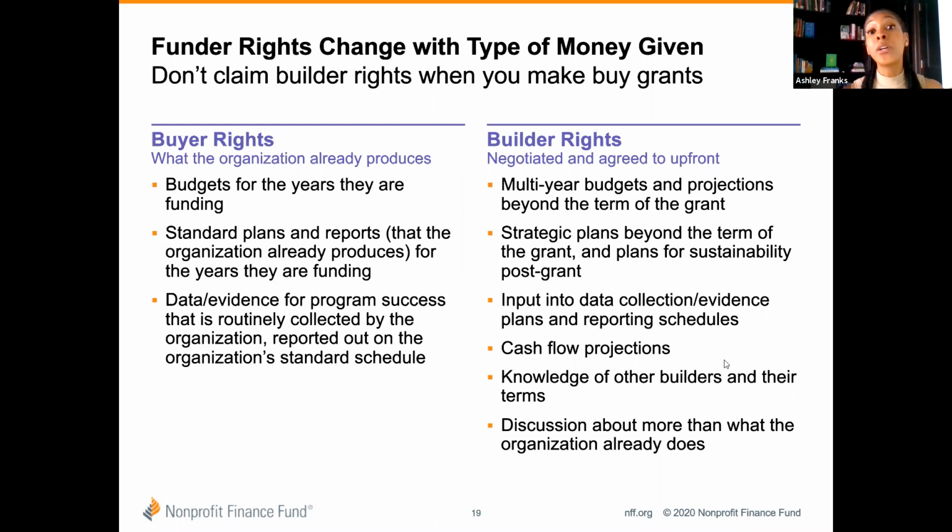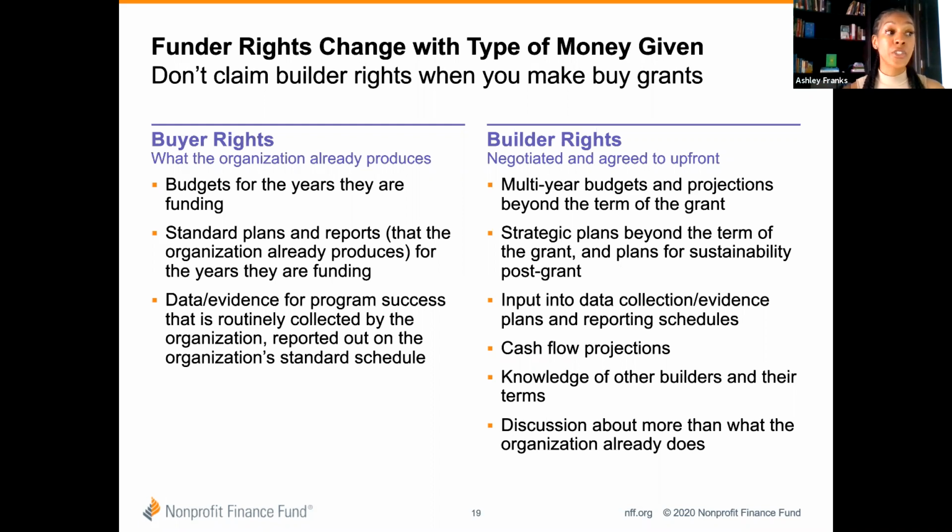If a funder is a builder, meaning they're funding an organization to build something new or transformative, their rights are different. However, those rights are still agreed to and negotiated with the nonprofit upfront. A builder may be entitled to ask for multi-year budgets and projections that go beyond the term of the grant, which is fair. They want to make sure that the organization will be able to sustain beyond the grant period, especially if there's an infusion of $1 million or so.